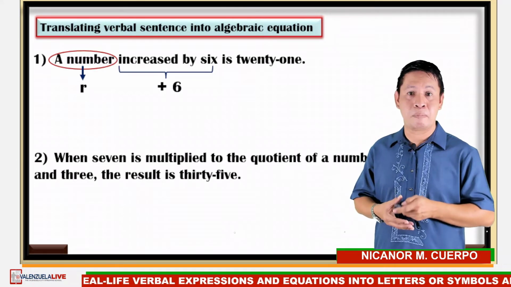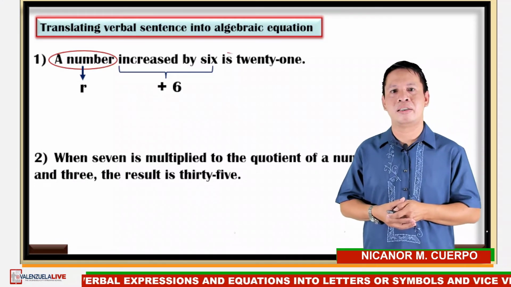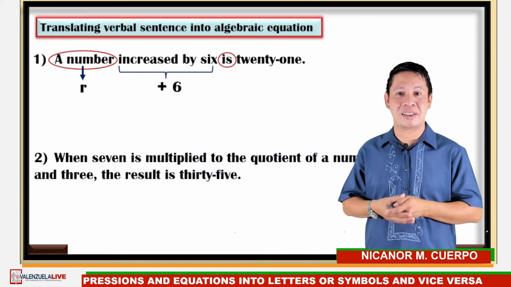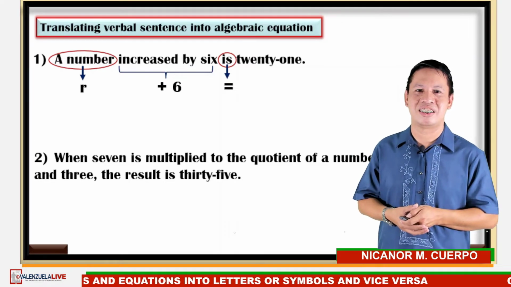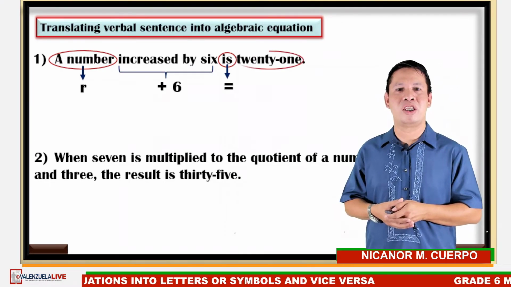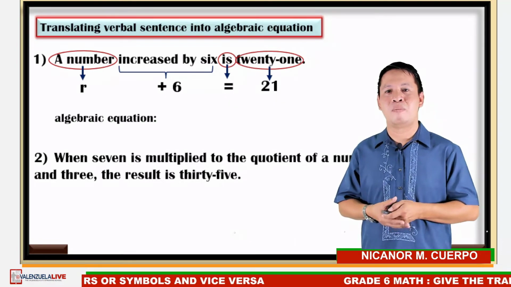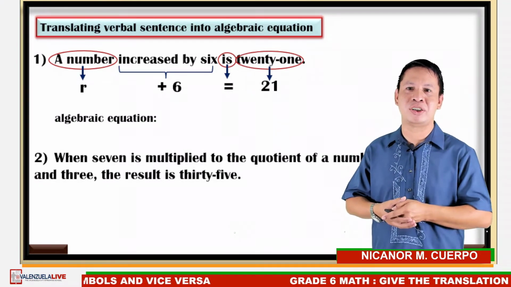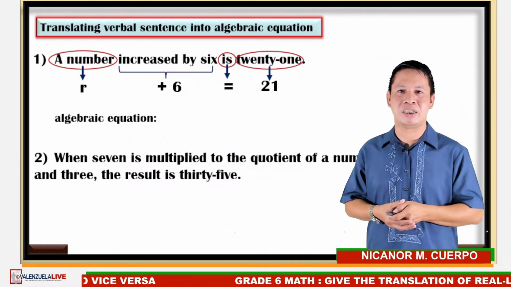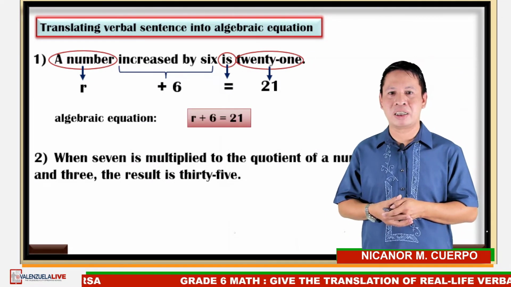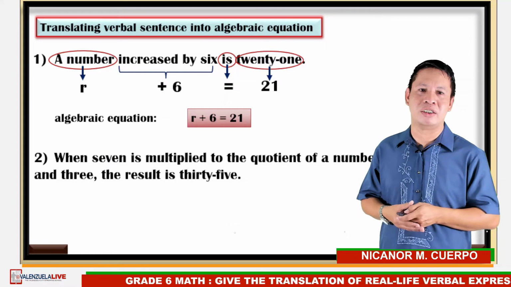So, that is plus 6. Then, the word is means equal. Then, 21. So, the correct algebraic equation for that verbal sentence would be R plus 6 equals 21.